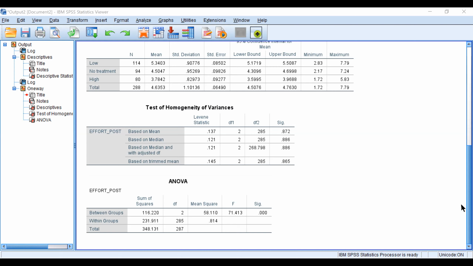And look at the means. This mean here is definitely higher than this mean here, and it also is higher than this mean. So low is just highest.